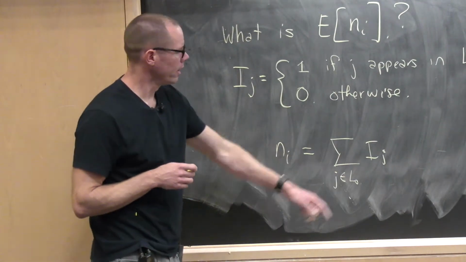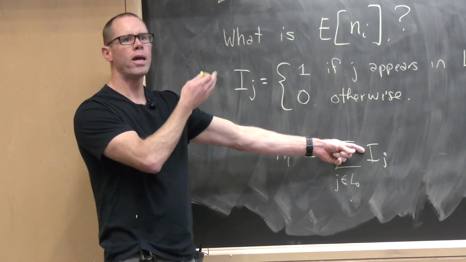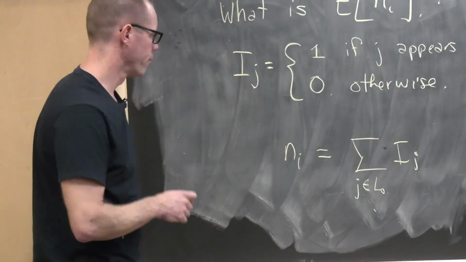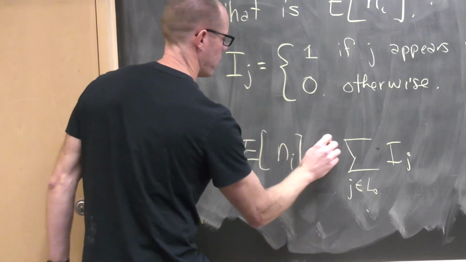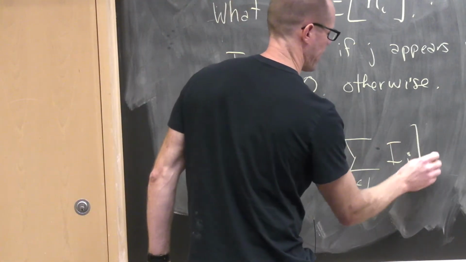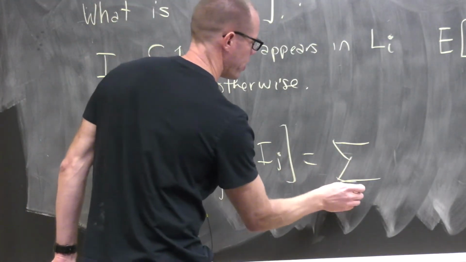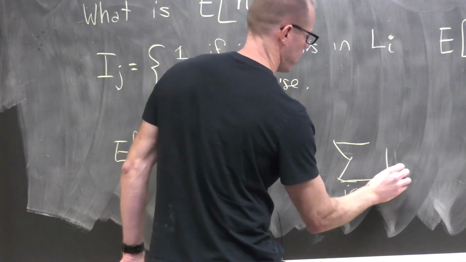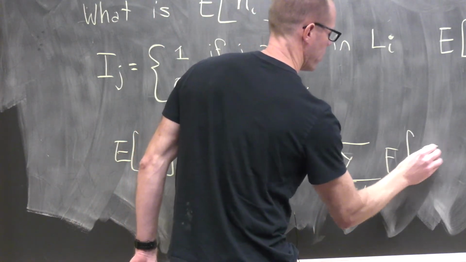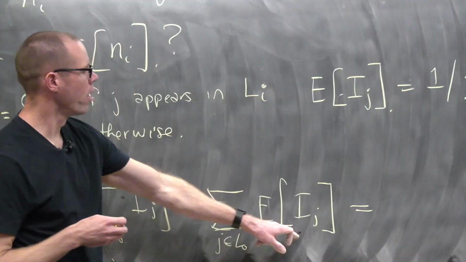For each element in list 0, I count it as a 1 if it appears in L sub i, and I count it as a 0 if it doesn't. And now I take expected values. I use linearity of expectation. I look at the board and see that I know what this quantity is.